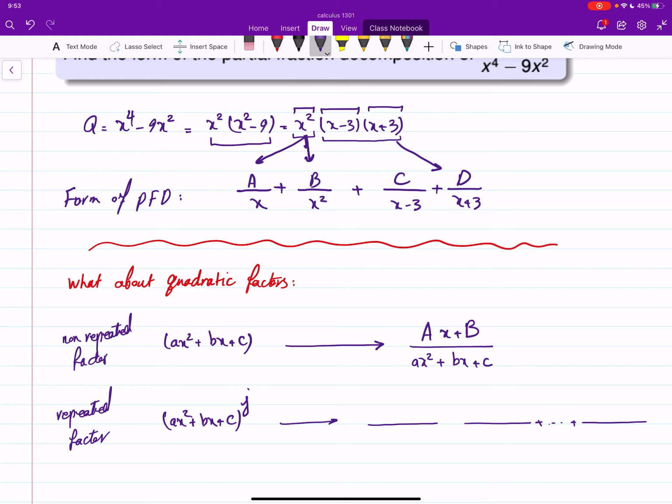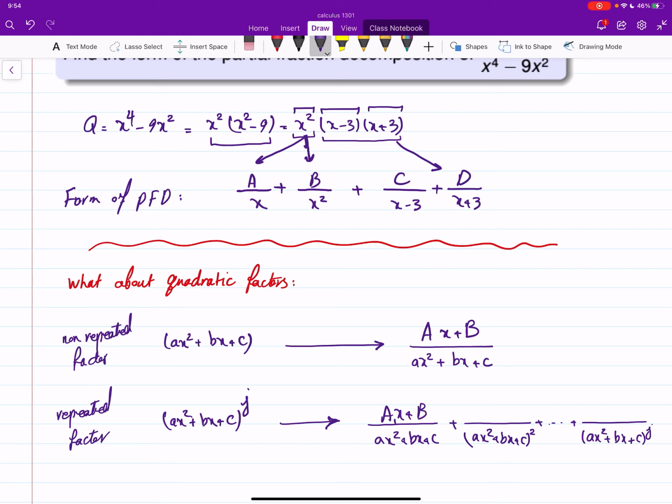One starts with power 1 in the denominator, then power 2 in the denominator, and then you increase it until you get to the jth power. What about the numerators? Well, when you have quadratic or powers of quadratic in the denominator, you must put ax plus b in the numerators.